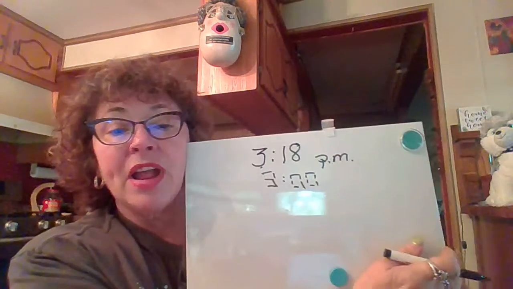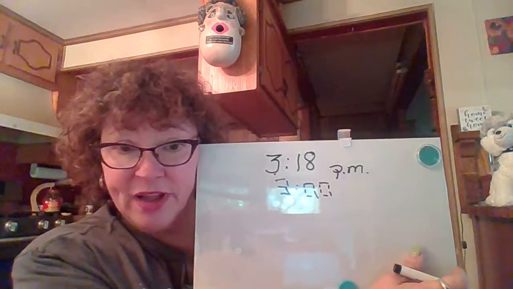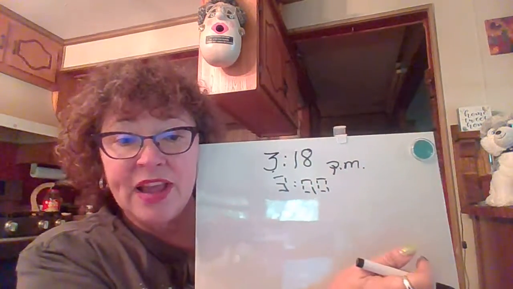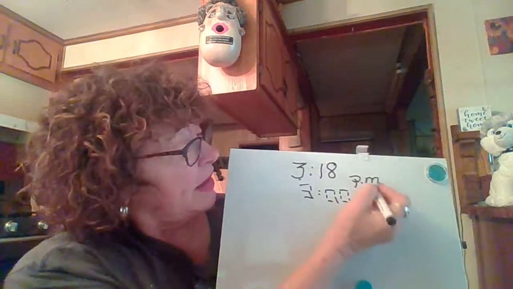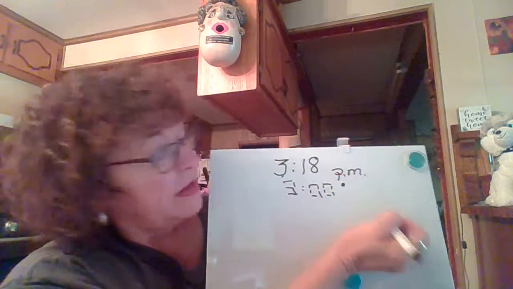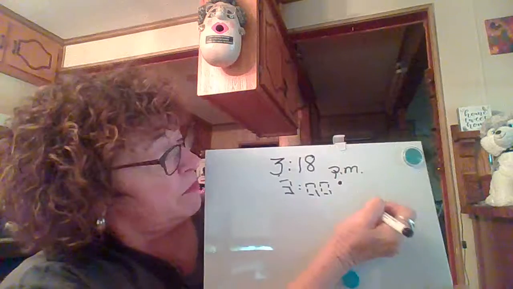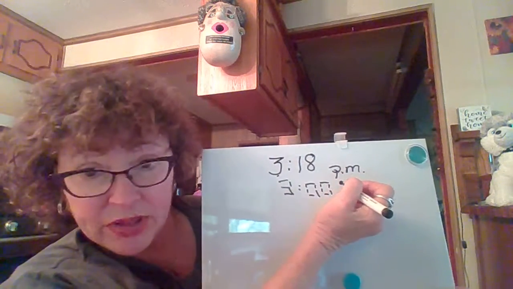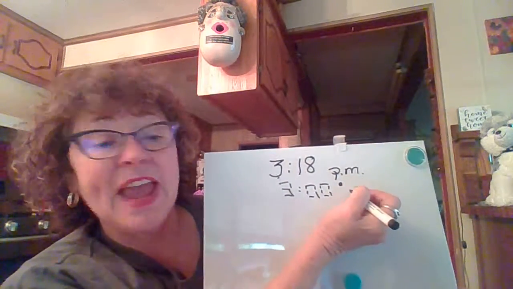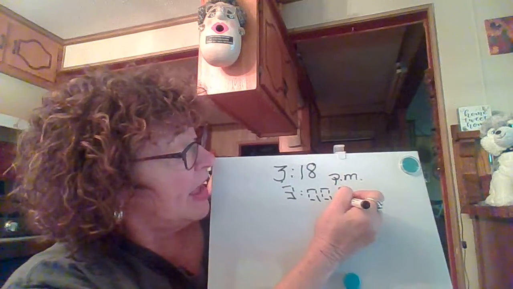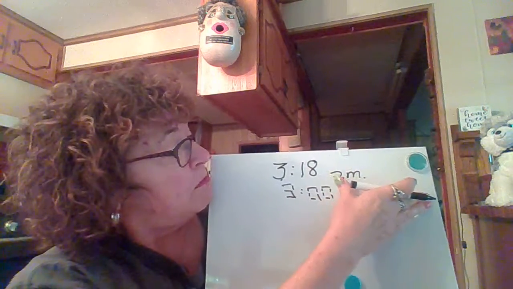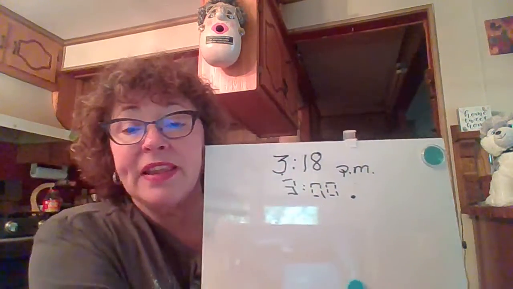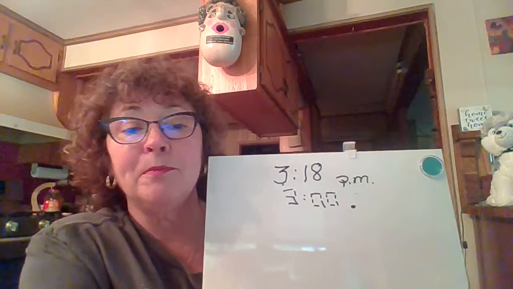Yeah, there you go. I bet you've seen those before, haven't you? That's 3 o'clock. And sometimes they even have dots on here. There's a dot up there. If the dot's at the top of the clock, usually means AM. If it's at the bottom of the clock, then that means PM.